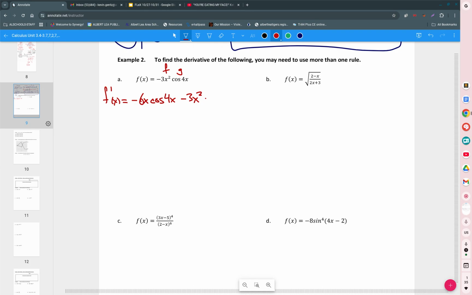What rule do we use to find the derivative of cosine of 4x? The chain rule. We have cosine of u, we have 4x, we have 4, we have negative sine of u. Eventually, we don't really need to set those boxes up for the derivative of cosine of 4x. We can see that the derivative is negative 4 sine of 4x. So that will change this to a positive 4 sine of 4x.